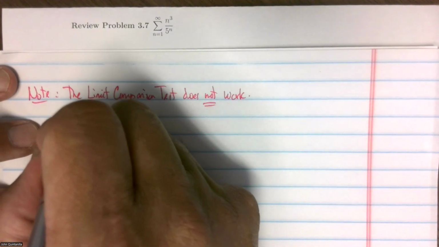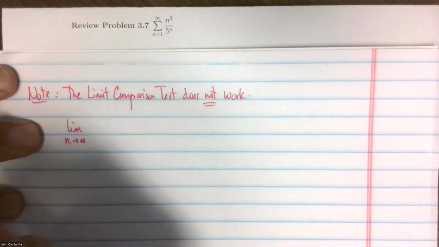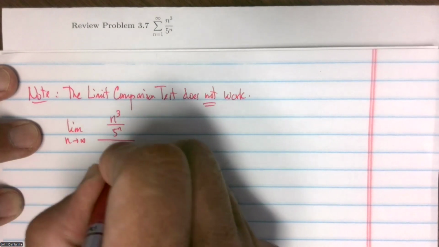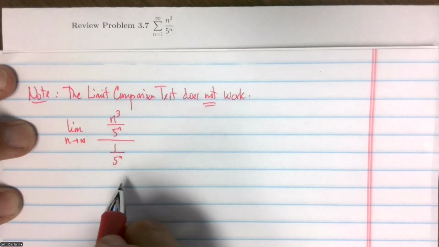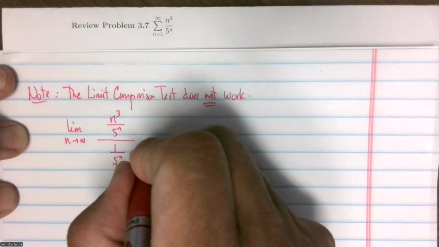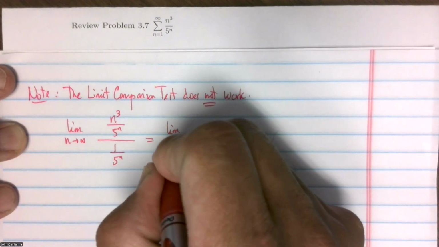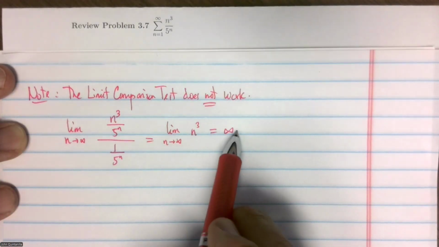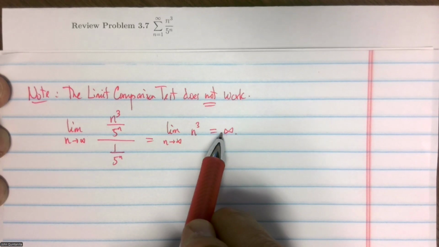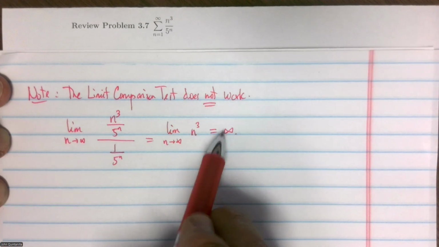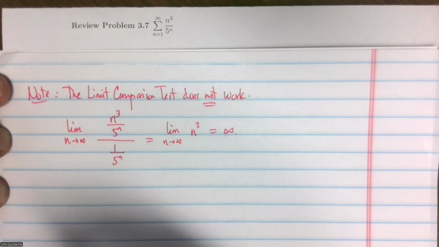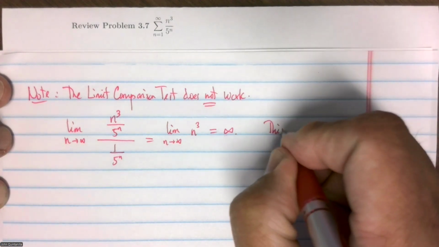The reason is that if I took n cubed over 5 to the n and compared it to something I know converges, which is 5 to the n, I would get the limit as n goes to infinity of n to the third, which is infinity. If this was some finite number, then I would be able to conclude that this converges. But because this is infinity, it may converge, it may diverge based on this test alone. So this test is inconclusive.